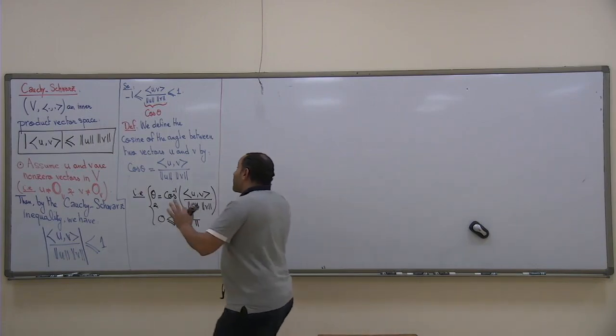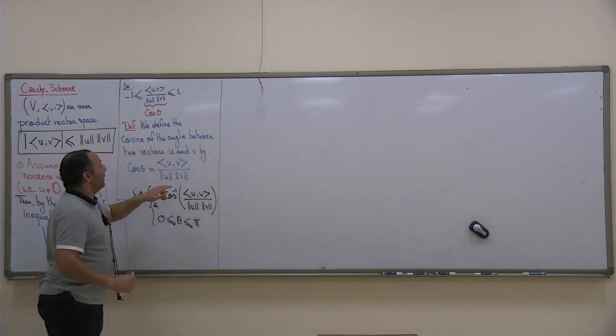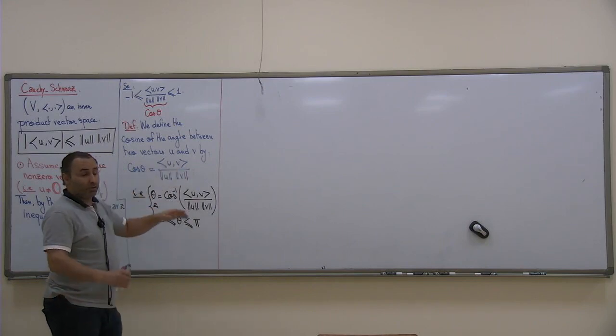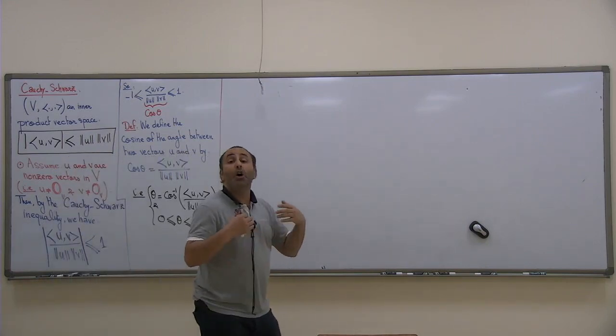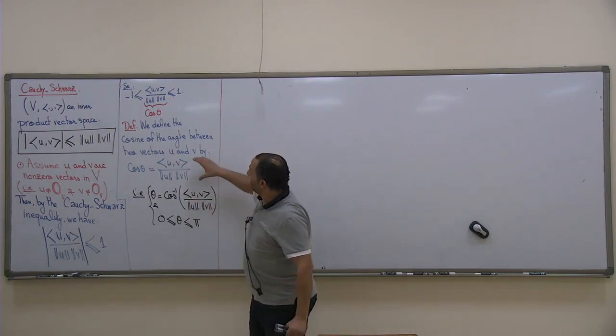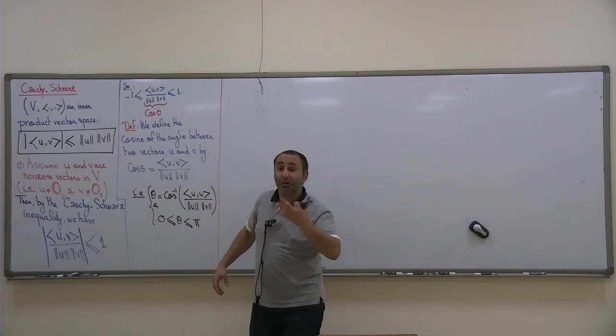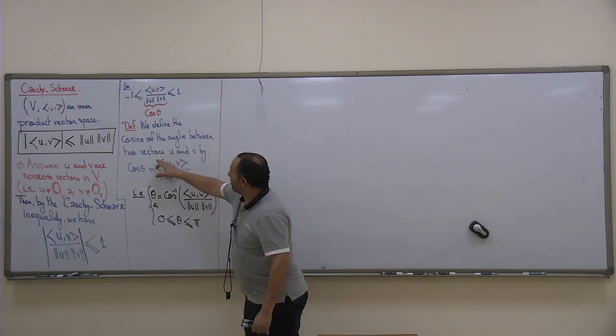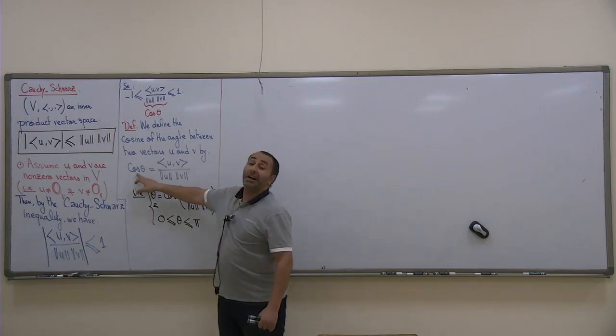Now for us, vectors are orthogonal if and only if, this is the definition, their inner product is equal to 0. So two vectors are said to be orthogonal if their inner product is equal to 0. Now, coming back here, the motivation for the word orthogonal: when the inner product is equal to 0, the cosine will be 0.